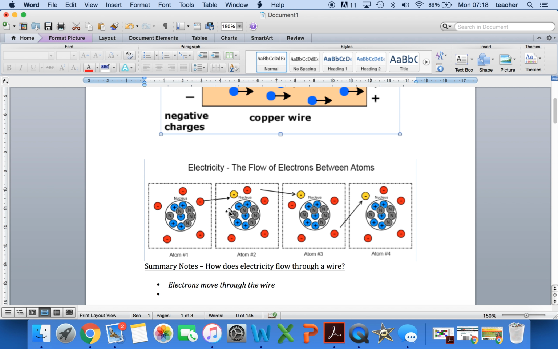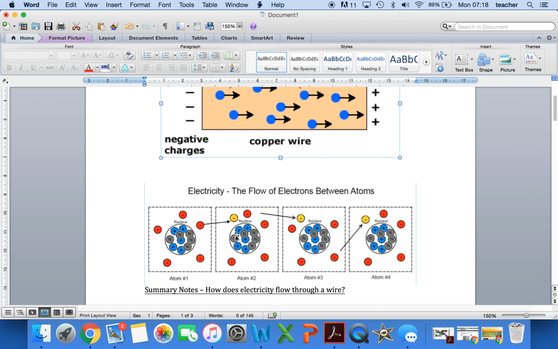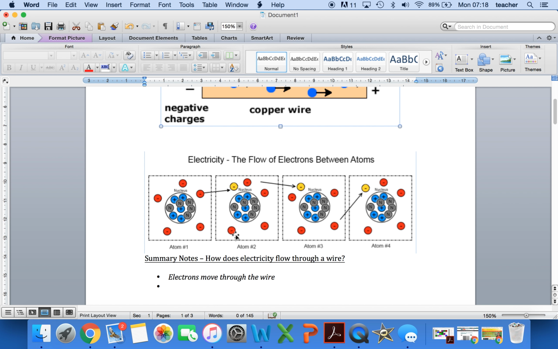That actually has an additional effect to attract other electrons from this atom that way, and pulls more electrons over. And this is the process, remembering that this chain of atoms inside a wire would again be trillions of atoms long.